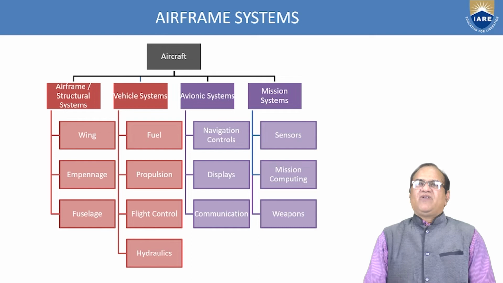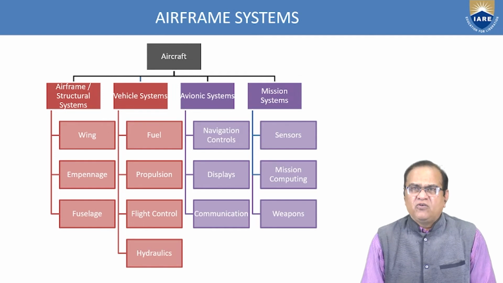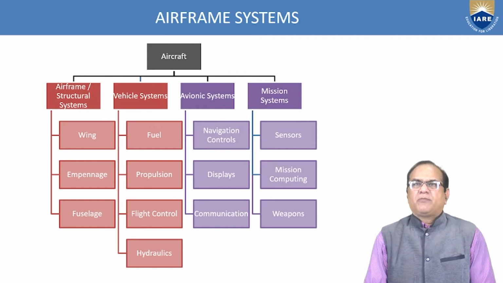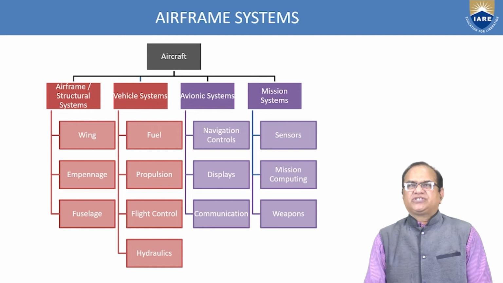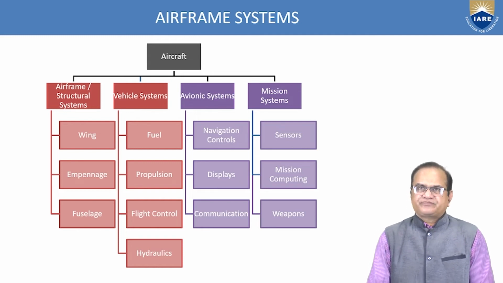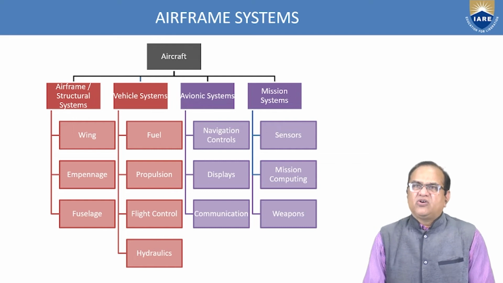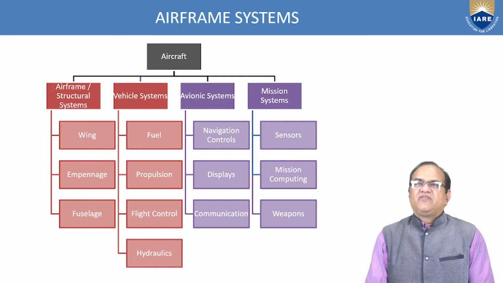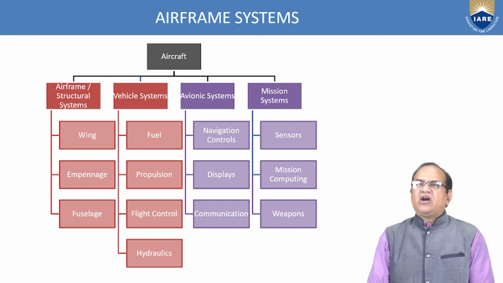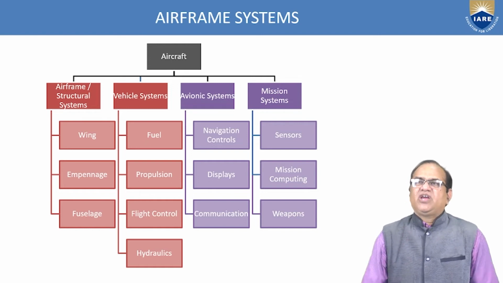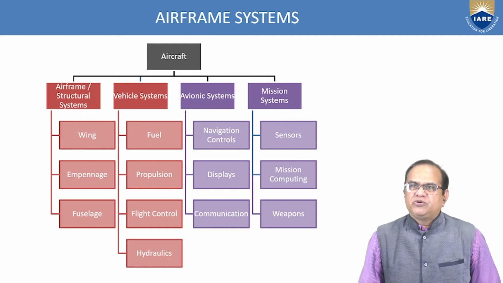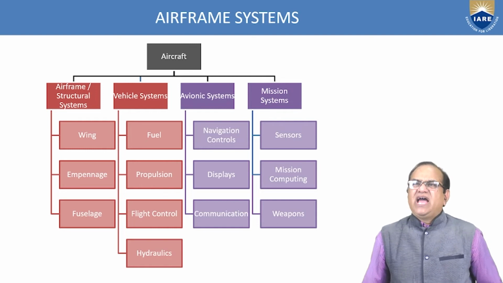In the vehicle system, we have the fuel system, propulsion system, flight control system, and hydraulic system. In the avionics system, we have the navigation control, the displays, and the communication. This is called the avionics system.